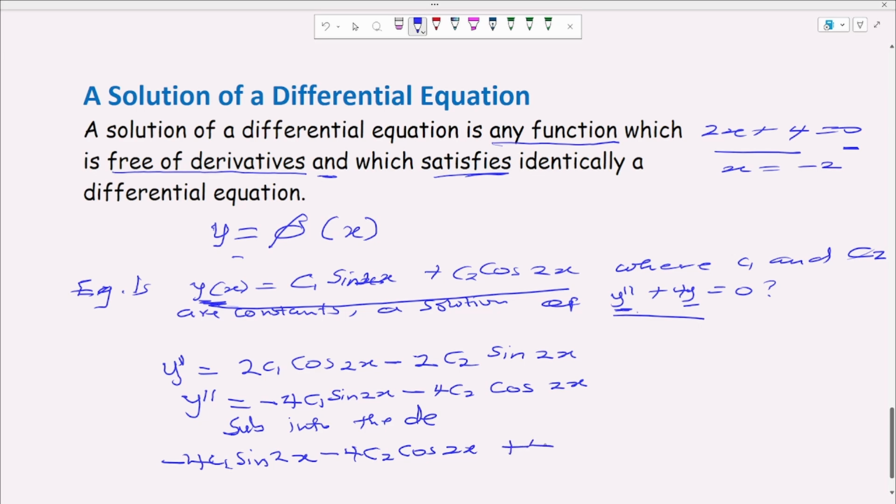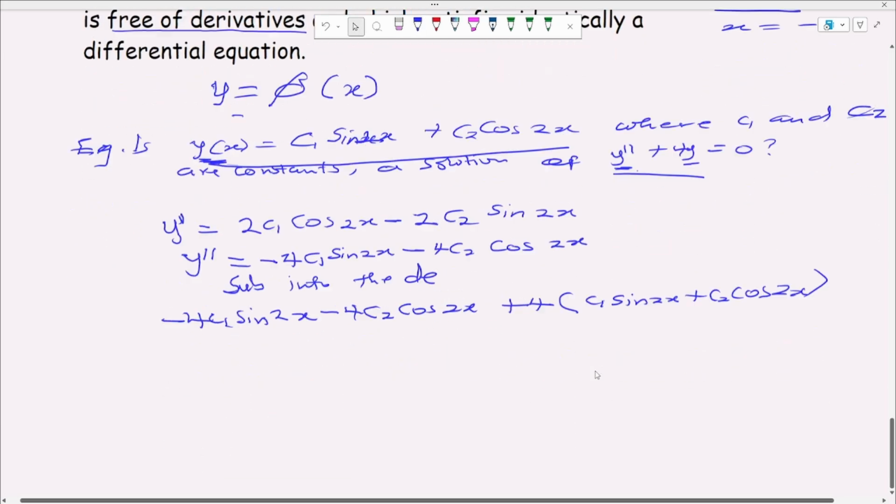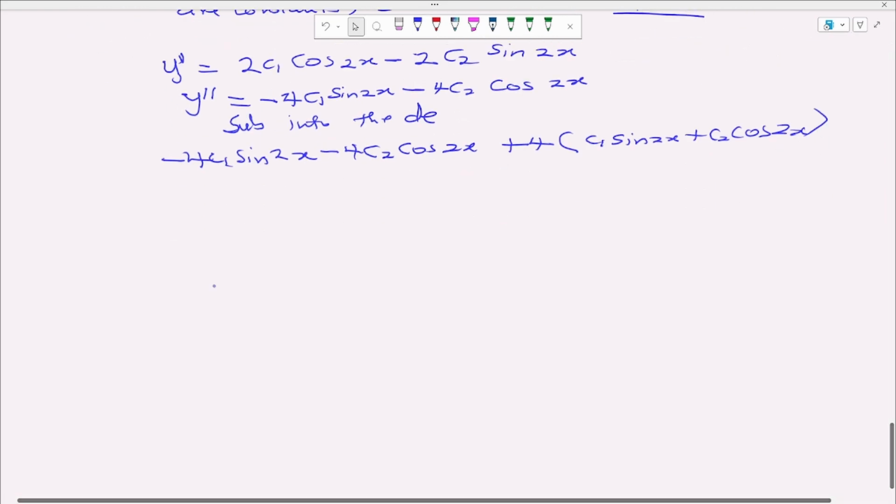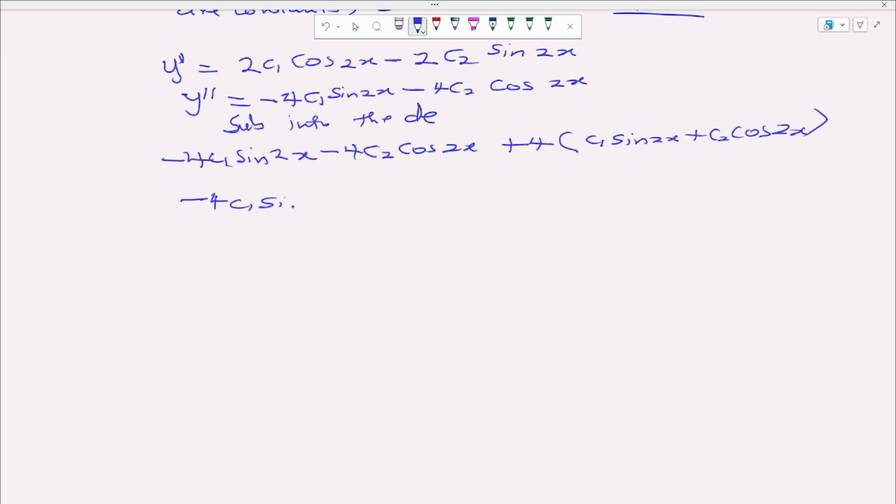When we expand the equation, we are going to have -4c1 sin 2x - 4c2 cos 2x + 4c1 sin 2x + 4c2 cos 2x.